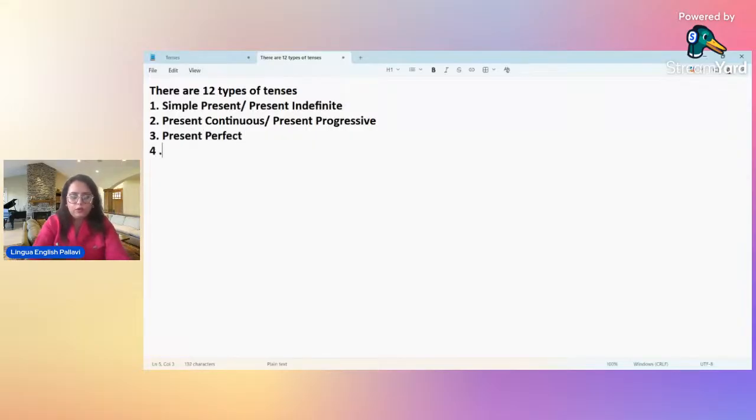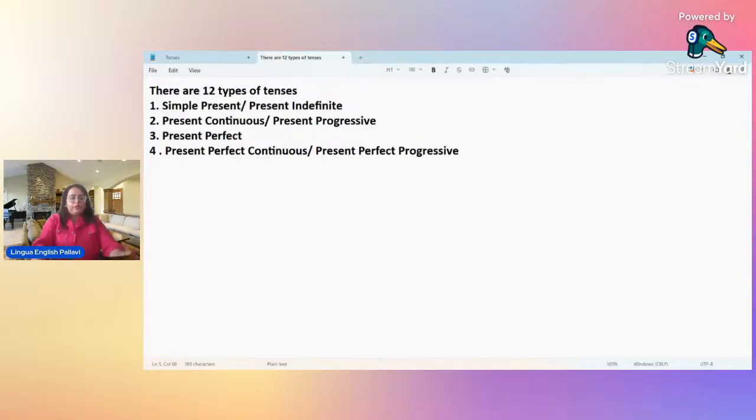And number four is a combination of the second and the third tense, that is present perfect continuous, or we call it present perfect progressive. Either we call it present perfect continuous or present perfect progressive.